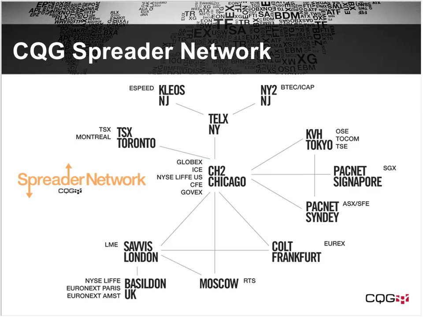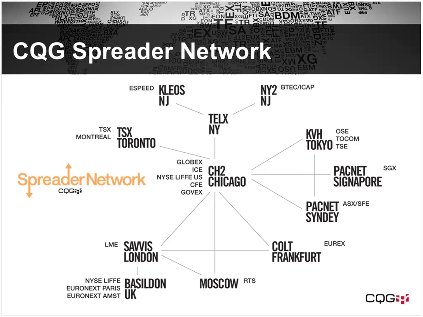We'll start from the top here, eSpeed and BrokerTech, moving around clockwise, the TOCOM, TSE, and Osaka exchanges, the SGX in Singapore, in Sydney, the ASX, SFE, and Eurex exchange, in Moscow, RTS, in the UK, NYSE Liffe, Euronext Paris, and Euronext Amsterdam, LME based in London, in Toronto, the TSX and the Montreal Exchange, and then here locally in Chicago, Globex, ICE, NYSE Liffe, the CFE, and GovX.